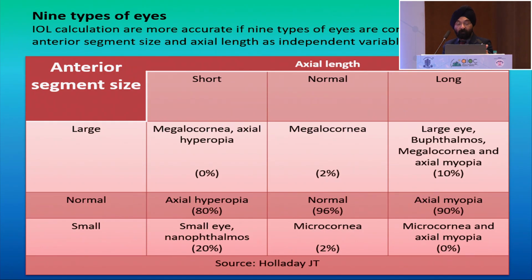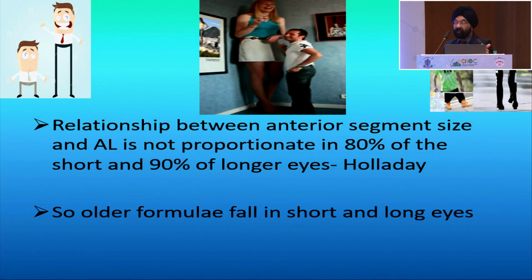In eyes with a normal anterior segment, 80% have shorter axial length and 90% have longer axial length. Similarly, in eyes with normal axial length, 2% may have a shorter anterior segment and 2% may have a longer anterior segment. So the relationship between anterior segment and axial length is not proportionate in 80% of short and 90% of longer eyes. So older formulae are bound to fail in short and long eyes.